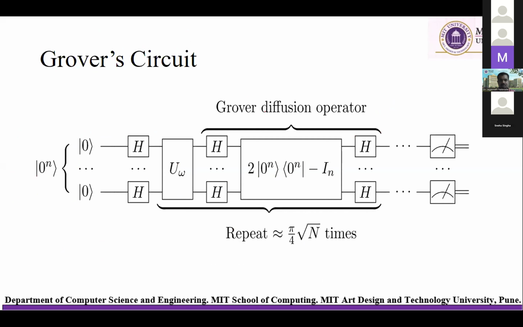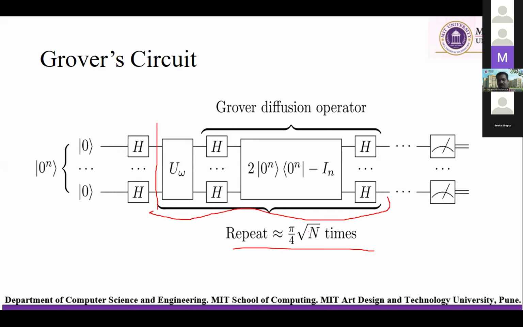So this is Grover's quantum circuit. In this circuit, similar to the Deutsch circuit and the Shor circuit, there is a different structure given here. The part given from here to here will be executed repeatedly, and the count is pi by 4 square root of n.